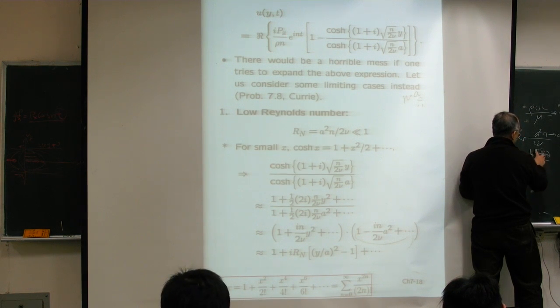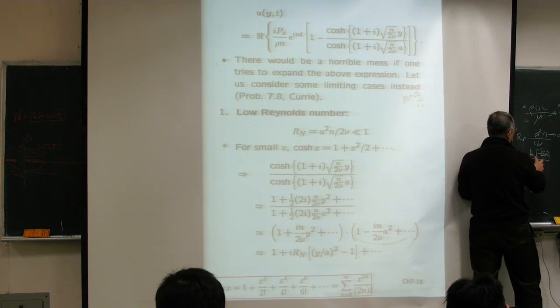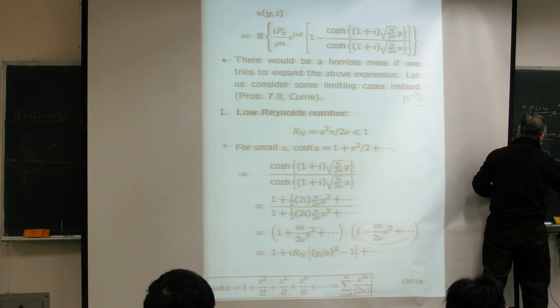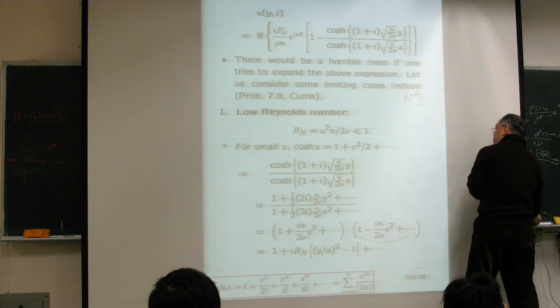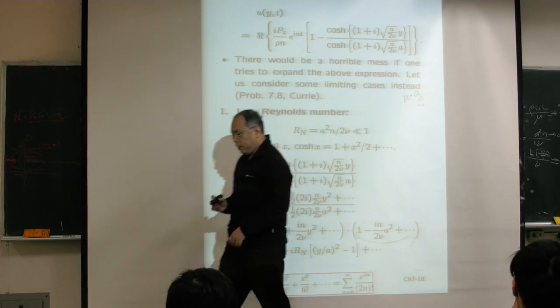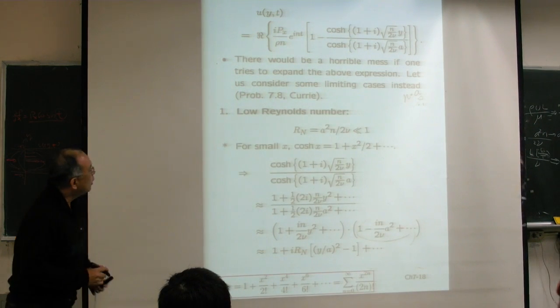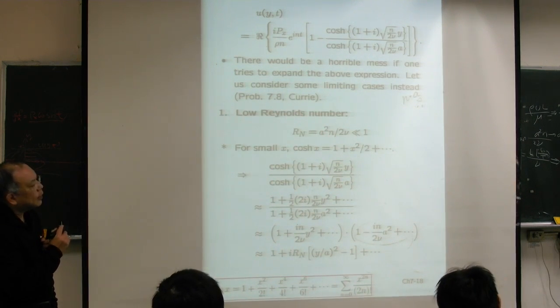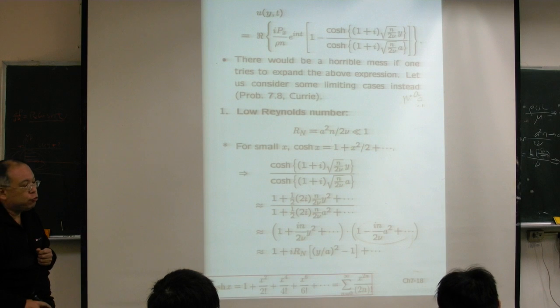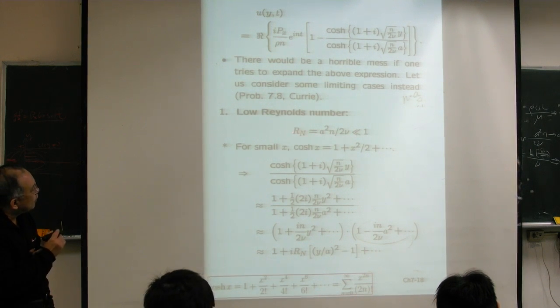So a times n becomes U, and a becomes L. So this is equivalent to the Reynolds number definition. This is what we define as the Reynolds number, and you should notice why this is the Reynolds number.